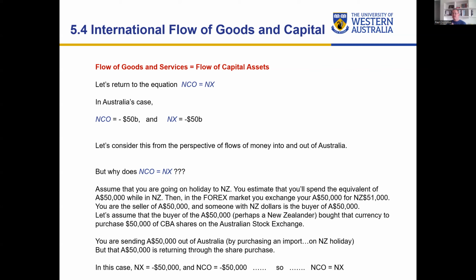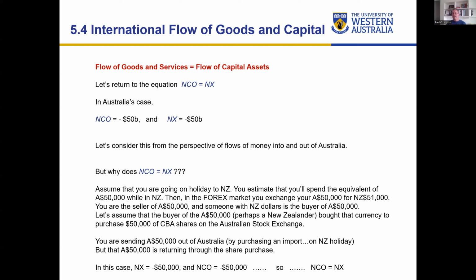So we have a trade deficit on that day. NX is minus $50,000. And we're in a situation where more foreign investment money came into Australia than left Australia, or no investment money left Australia on this day.